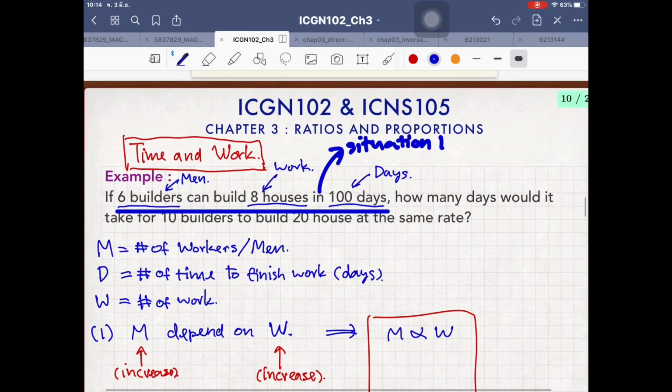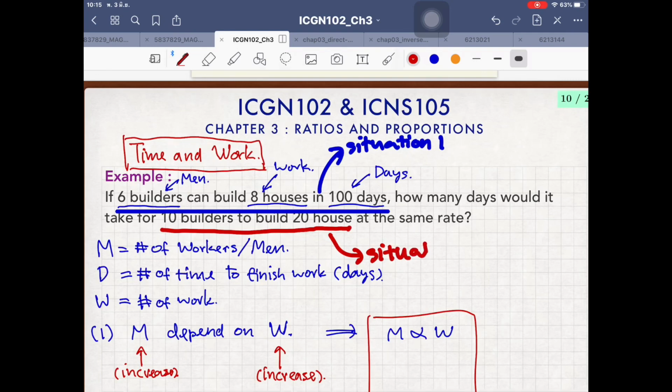And then how about if we have another situation? It is when we have 10 builders, and we want to build 20 houses. This will be the second situation, or situation number 2.